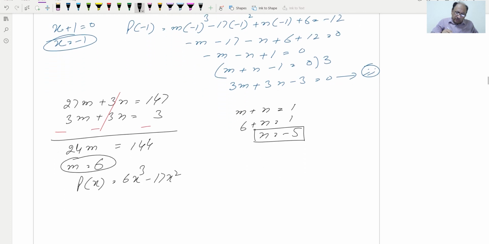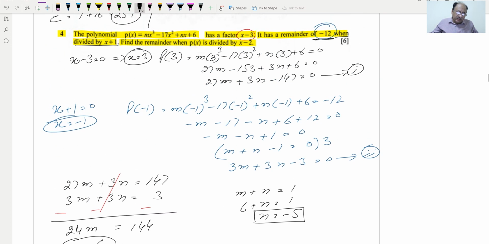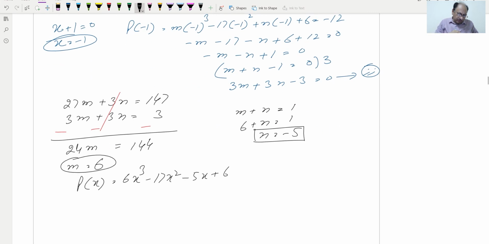So n is minus 5, so minus 5x plus 6. So now this is our modified p of x, and they are saying find the remainder when it is divided by x minus 2. So when it is divided by x minus 2, x will be equal to 2.